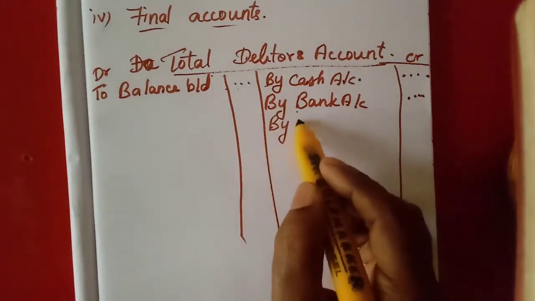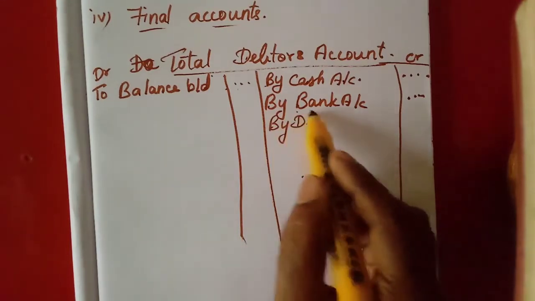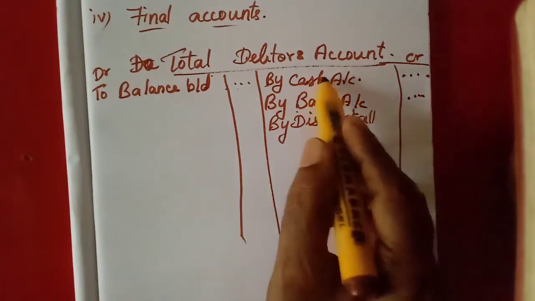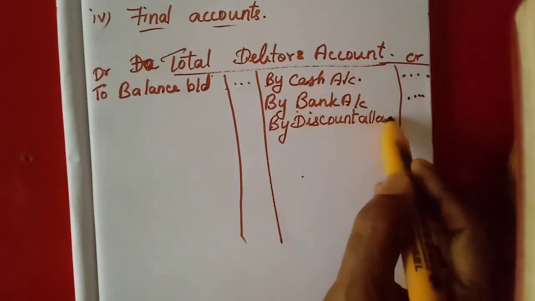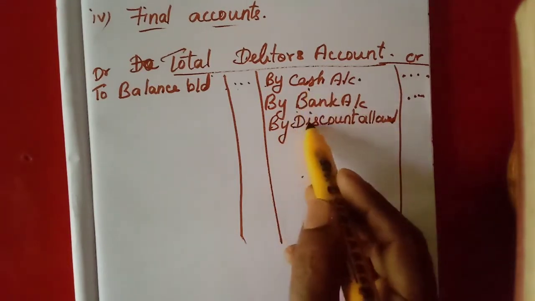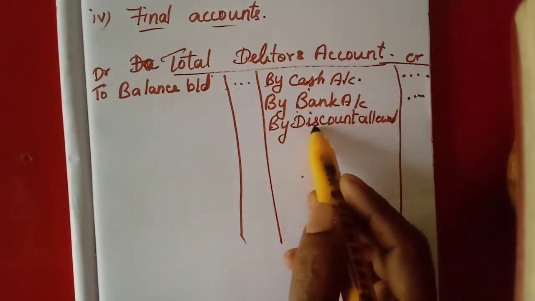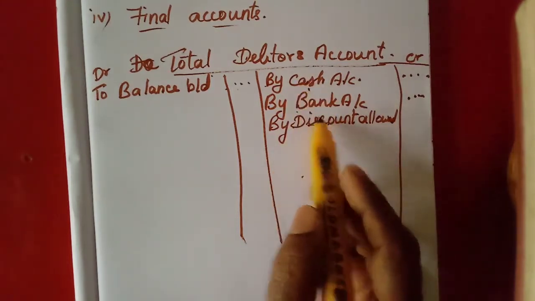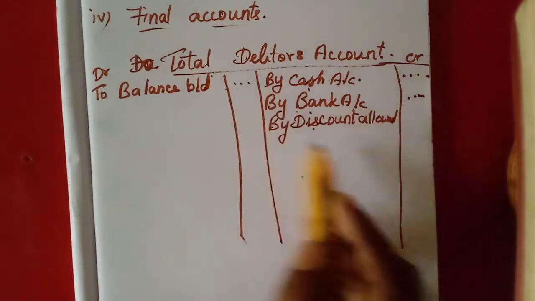Now when we receive cash, if we have allowed discount, then that also. When we receive cash and have given discount, what is the entry? Cash account debtor. Since discount is a loss, this also we will debit, isn't it? Cash account debtor, discount allowed account debtor to debtors account.